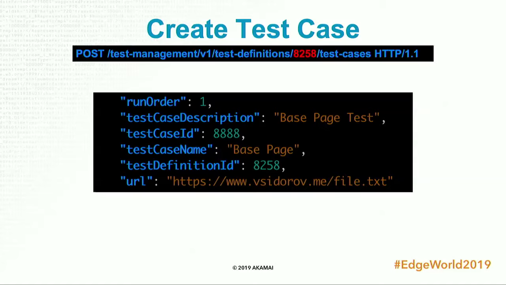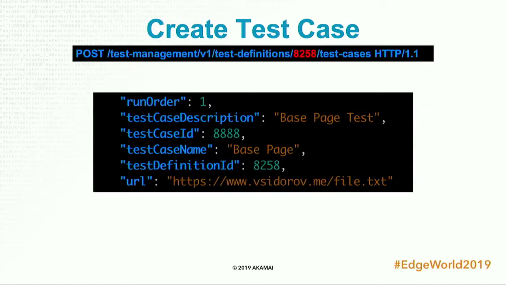This test case also has a description and a URL. So here you have the specific URL this test case was created for. When you create a test case, you can test a single page, or you can also check a box to test all the embedded content.